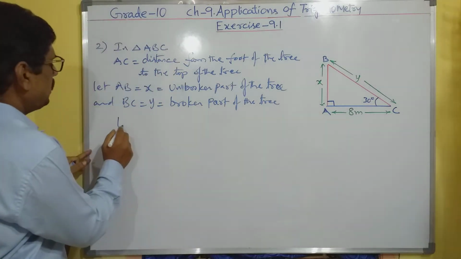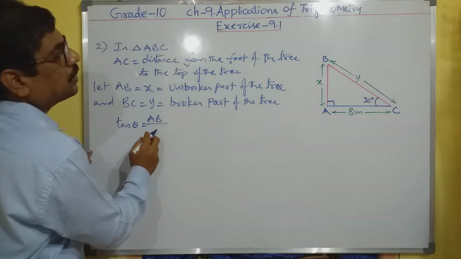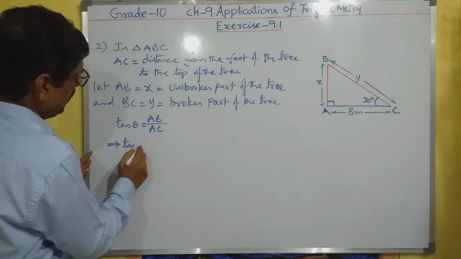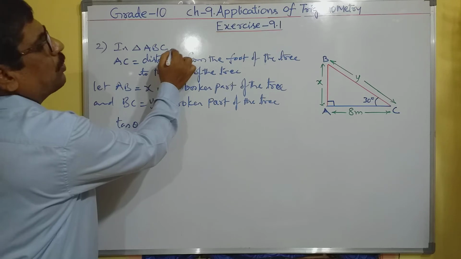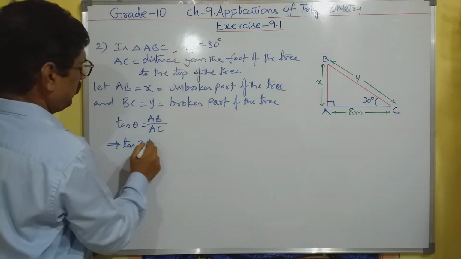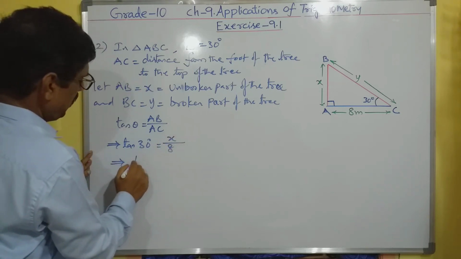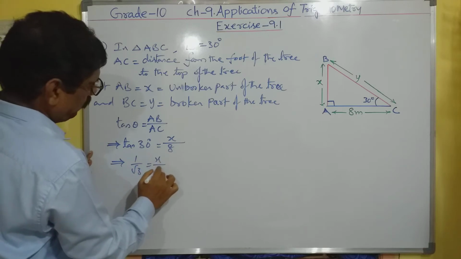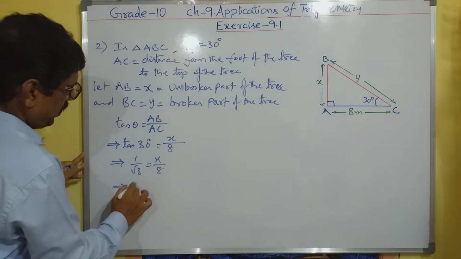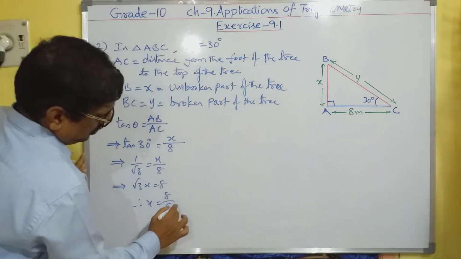So tan theta is equal to opposite side AB by AC. What is the angle given? Angle C is equal to 30 degrees. So tan 30 degrees is equal to x by 8. Tan 30 is 1 by root 3, equal to x by 8. By cross multiplication, we get root 3 x is equal to 8. Therefore x is equal to 8 by root 3.